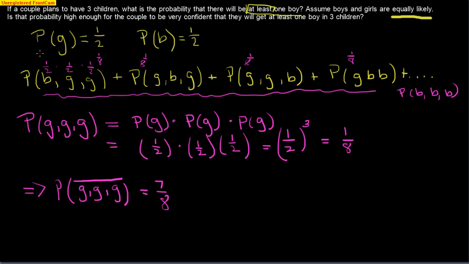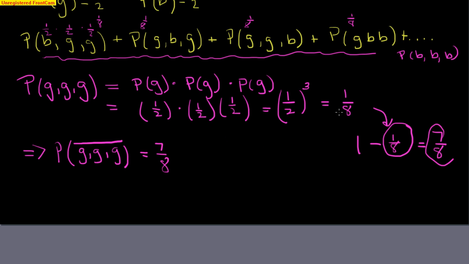So why go through all this work when we can just find one probability and subtract it? It's going to be 1 minus the 1/8, because this is the only way you can't have at least one boy. Every other way you will have at least one boy.